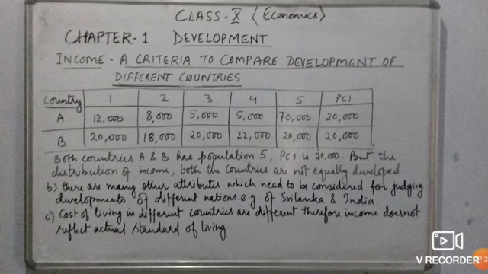Now the next limitation is that there are many other attributes which need to be considered for judging the development of different nations. Again and again I am saying that income is not the sole criterion to judge the development of a nation. Reason being, if we take the per capita income of India and Sri Lanka, we'll find that Sri Lanka has a better per capita income, but the people living in Sri Lanka, especially one particular community of Tamilians, do not enjoy any political rights.